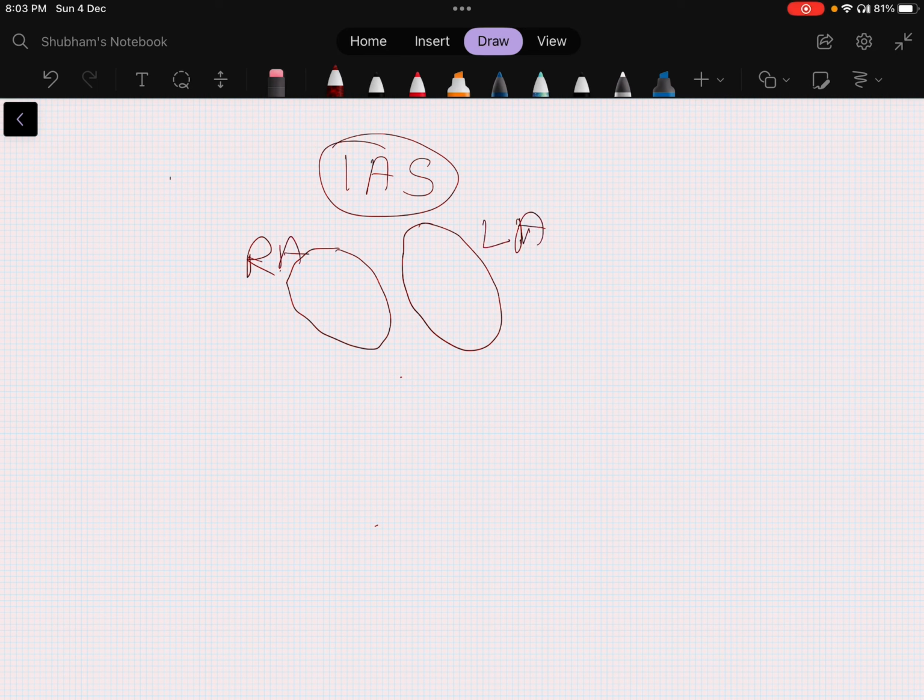And you know what is dividing both of them? Between both of them, we have the interatrial septum, which has two holes in it. One is foramen ovale, another is foramen secundum.